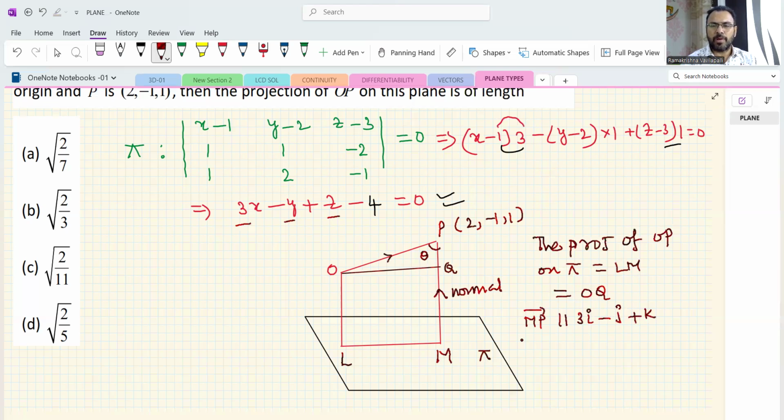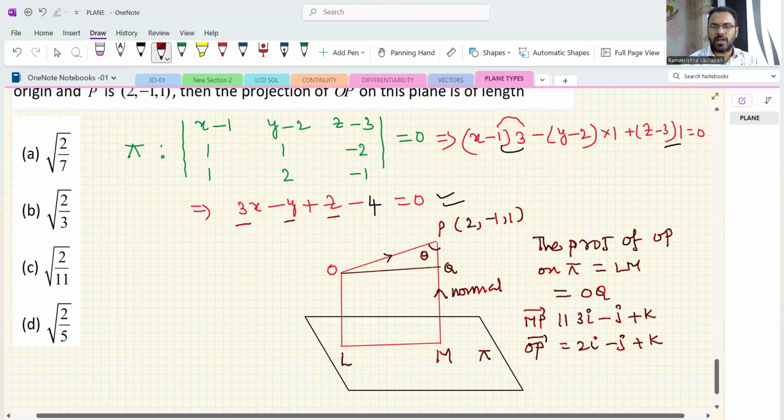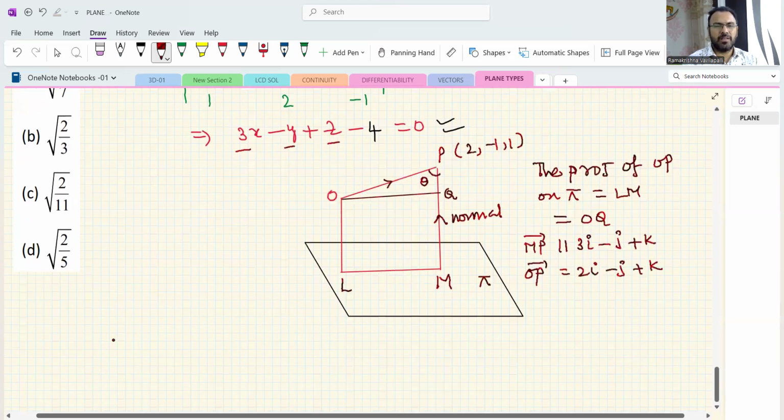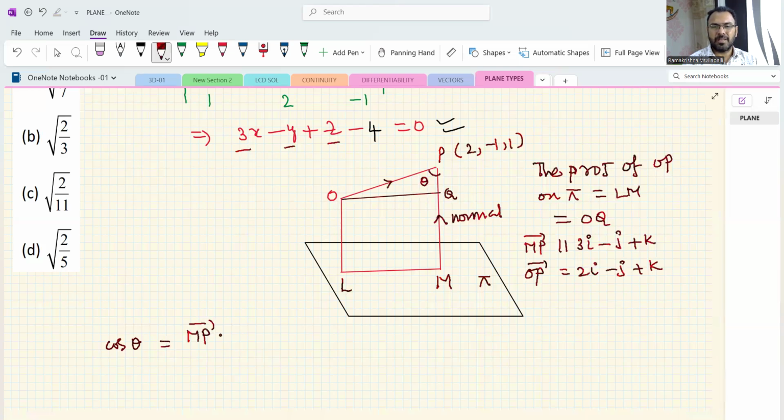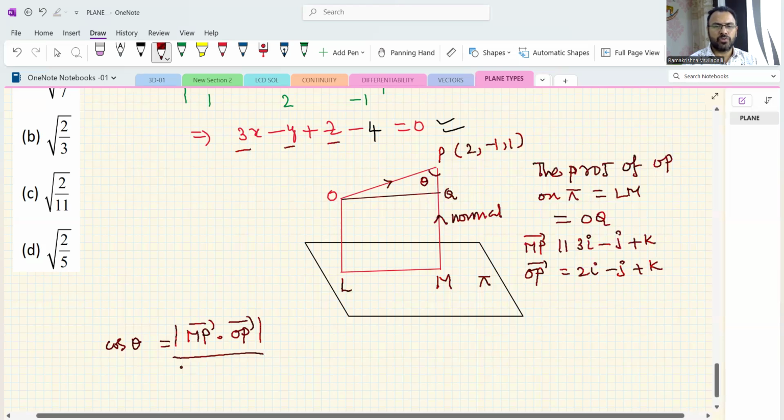And what is OP bar vector? OP bar vector is equal to 2i minus j plus k. And assume angle between them is theta. So what is cos theta? Here I am writing that cos theta is equal to MP bar dot OP bar vector whole by, okay, I'll take acute angle, there is no issue at all, modulus of MP bar, modulus of OP bar.